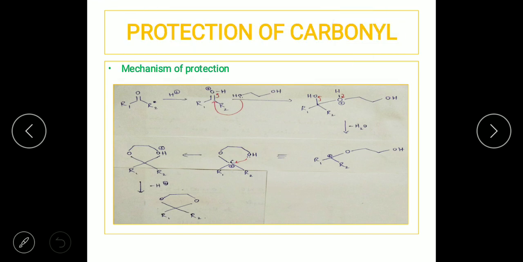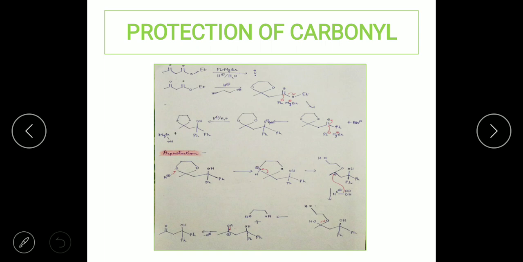The very same mechanism is followed, and that's why I have skipped the reactions for the formation of the acetal. So as usual, in the presence of H plus and ethylene diol, that's the glycol, the oxygen on the carbonyl carbon is going to grab the proton, and the next step would be the reaction with the glycol to give rise to a protection group for the carbonyl compound, that is nothing but the formation of the acetal. Now the next step would be the reaction of the Grignard.